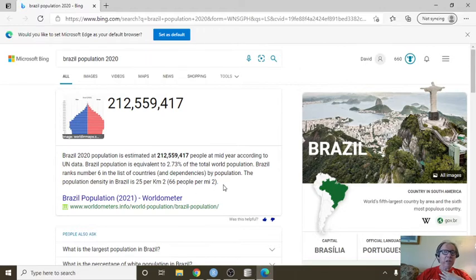Okay, the population density of Brazil is 25 per kilometer, 66 people per mile squared.